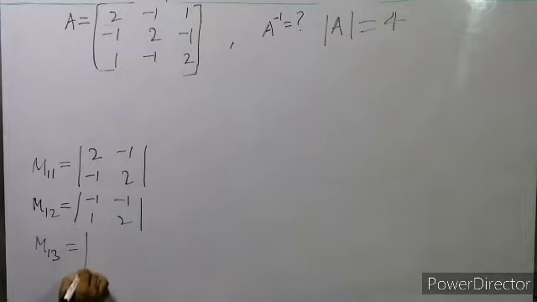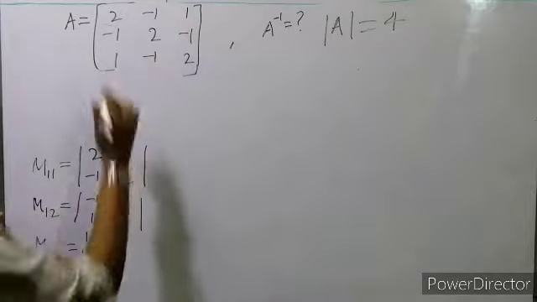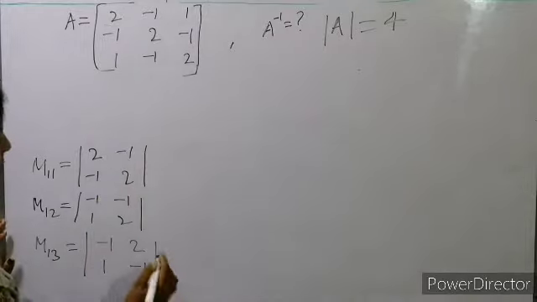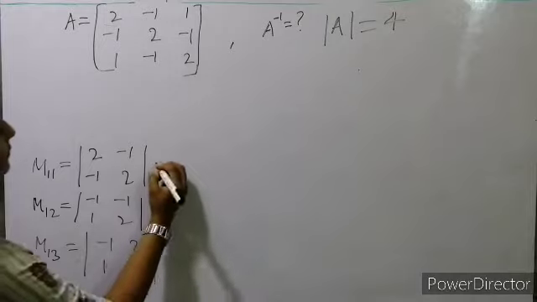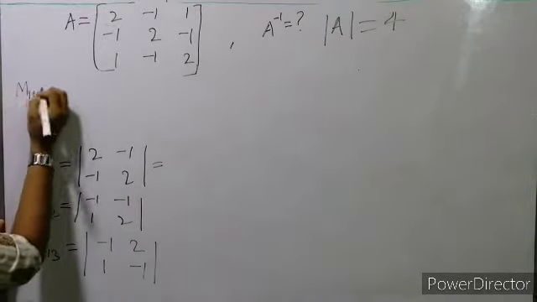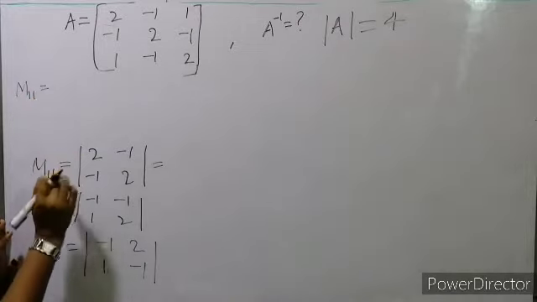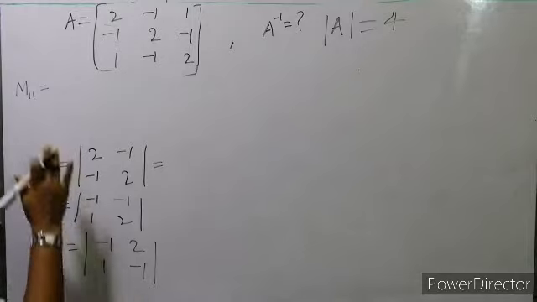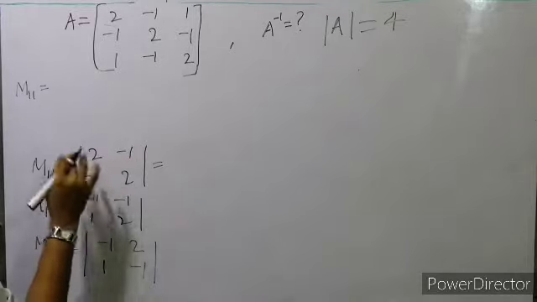Now what will be the value of M13? The value of M13 is -1 1 2 -1. Okay, so we'll write here the value of M11, directly we'll write the cofactor value. Minus value we will write.